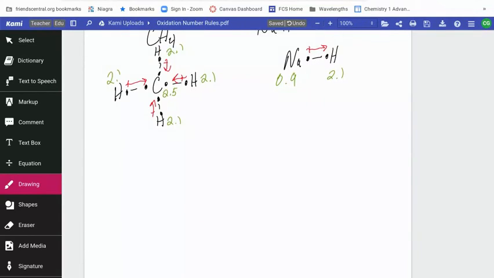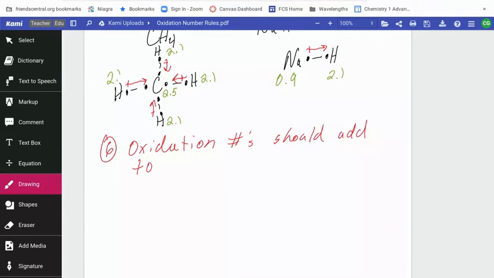And then finally, number 6. Oxidation numbers should add up to 0, unless noted.